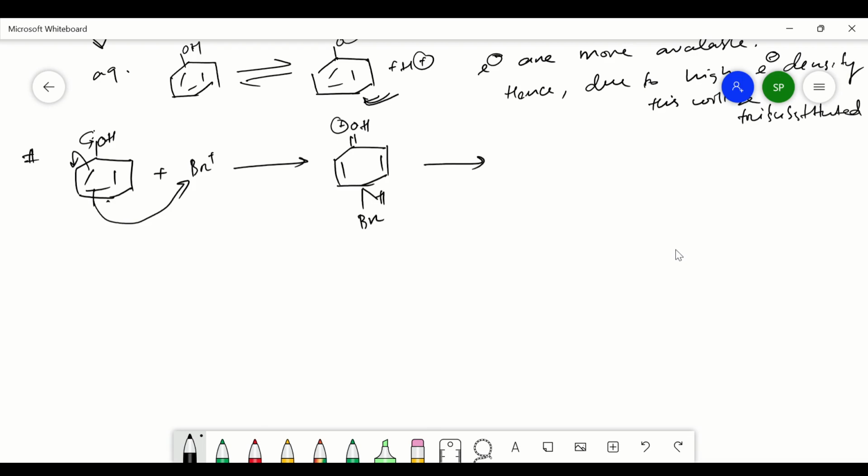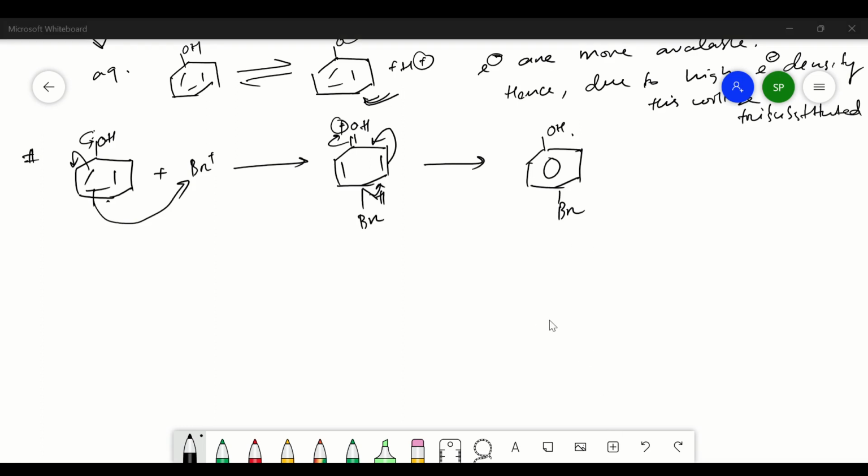In the next step, the H plus is removed, this bond will transfer here, and there will be formation of para-bromophenol. This is the electrophilic bromination, or direct bromination, of phenol. The para-bromophenol will be the major product.